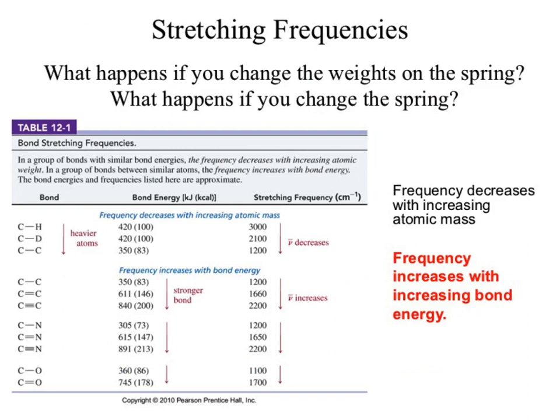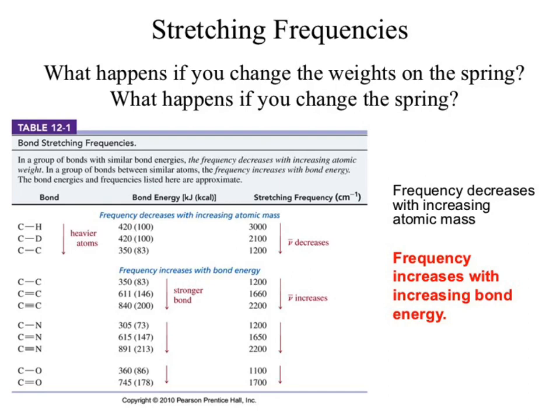Some general patterns that can come through this for our stretching frequencies. Your frequency decreases with increasing atomic mass, assuming your bond energies are the same. Your frequency will also increase with increasing bond energy. I spent some time poring over this, trying to come up with some kind of broader analogies through this, and there's not a lot of easy ones. So simplify it down as much as possible.